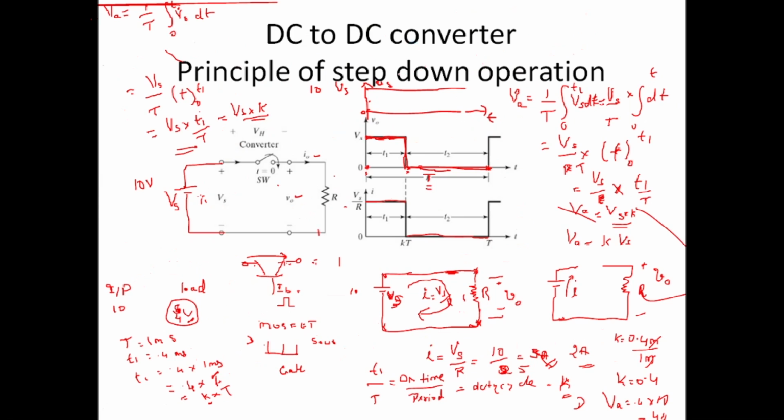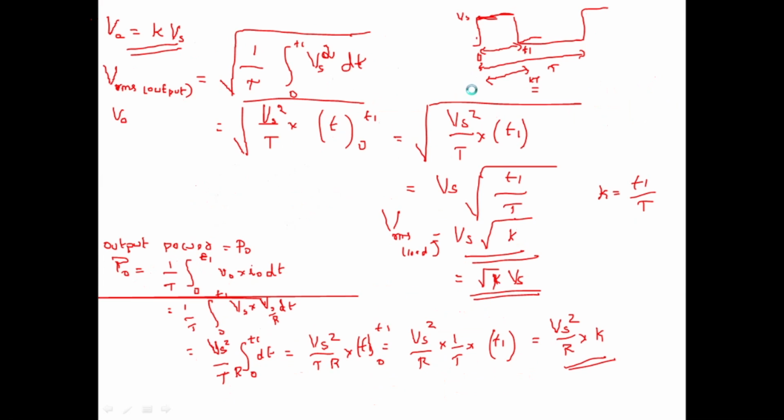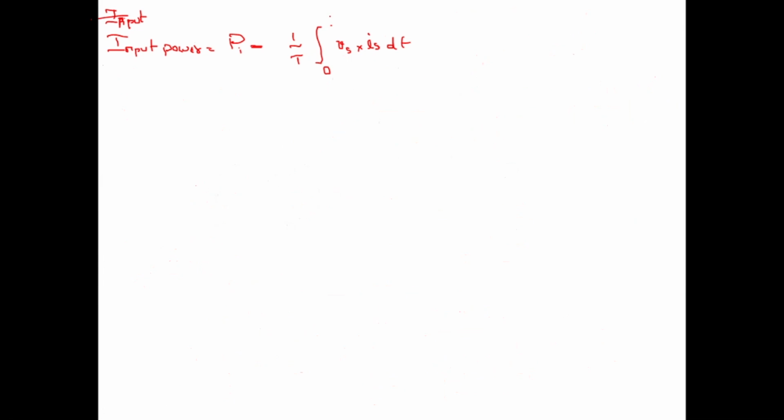The source voltage exists from 0 to t1, or kT. Strictly speaking, I should write until T here, because the source voltage exists for the whole period.